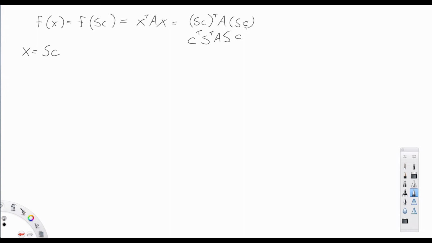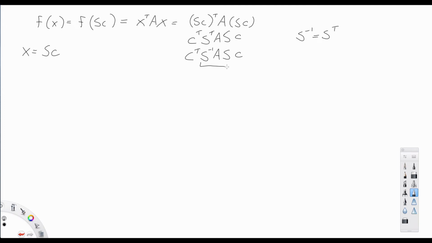It's composed of eigenvectors. And if it is an orthogonal matrix, we can write that the inverse of S is equal to the transpose of S. So therefore, this is equal to c transpose S inverse times A times S times c.